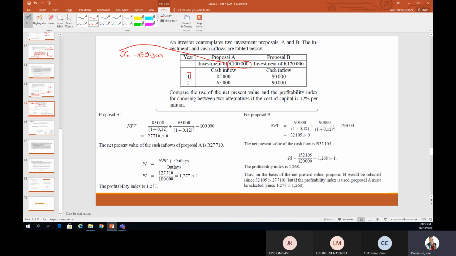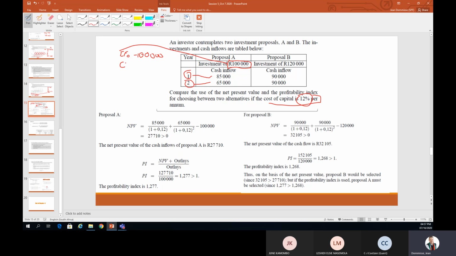After year 1, you have 85,000. After year 2, 65,000. They tell us the cost of capital, so you can use the 12% as your interest rate.